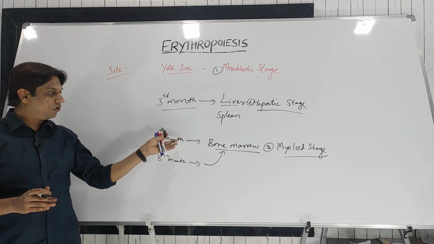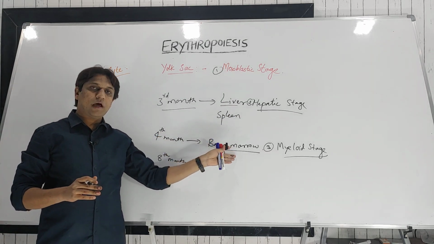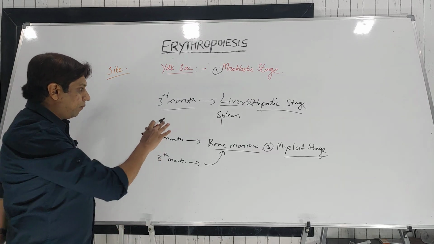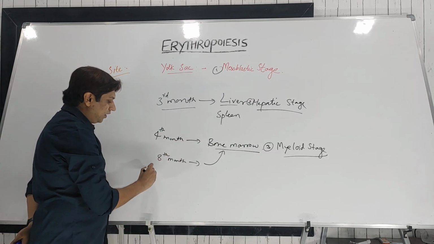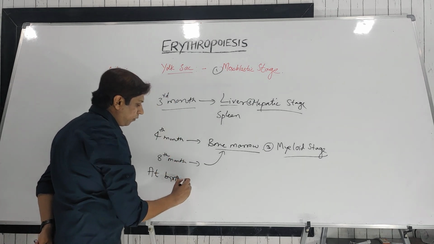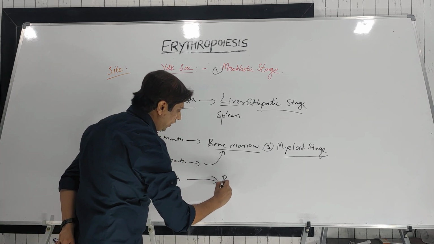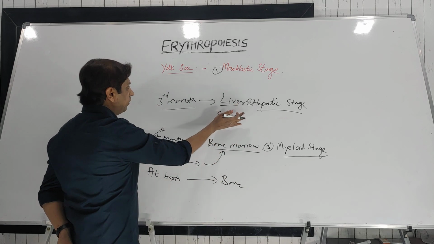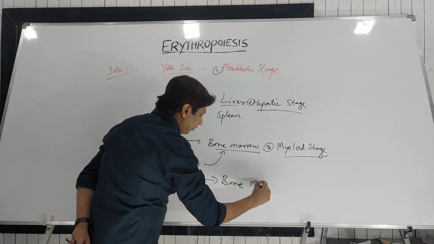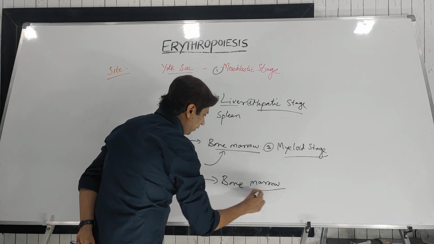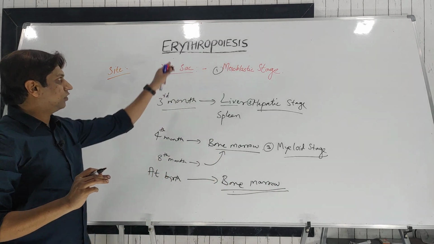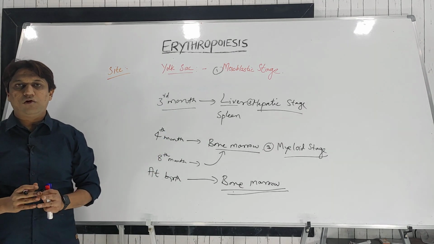Finally, around the 4th month the production starts from the bone marrow, and ultimately by the end of the 8th month the bone marrow will be the main site. That is, at birth the process of erythropoiesis takes place only in bone marrow. It will stop in the liver and the other structures. So at birth the bone marrow is the principal organ in which erythropoiesis takes place.